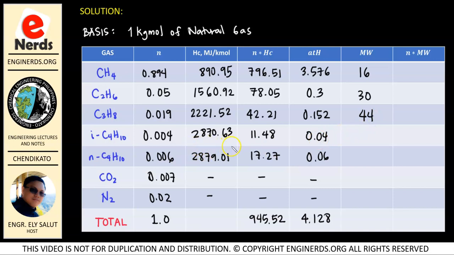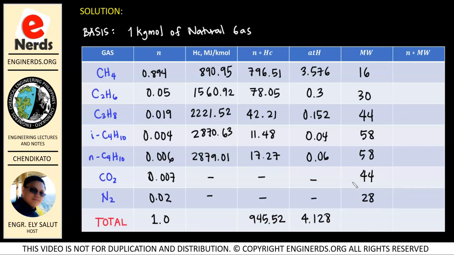For our isobutane, this is equal to 58. Ito yung mga molecular weight, guys, no? So, you can also calculate it yourself if you have some doubt about this one. For our N-butane, this is also 58. For our CO2, okay, this is 44. Okay. For our N2, this is 28. So, alam natin yan, ano?